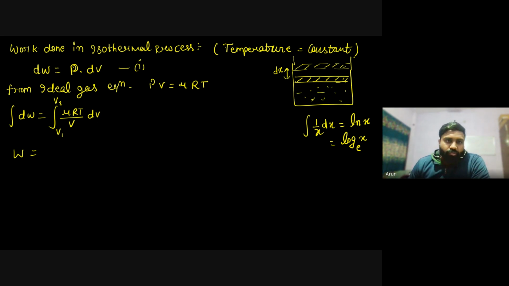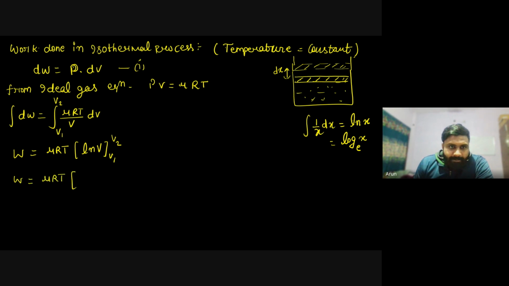So mu RT you can take common. So mu RT you have taken common. Now it will become ln V from V1 to V2. Now W is equal to mu RT ln V2 minus ln V1.